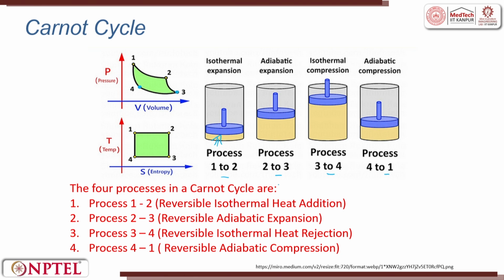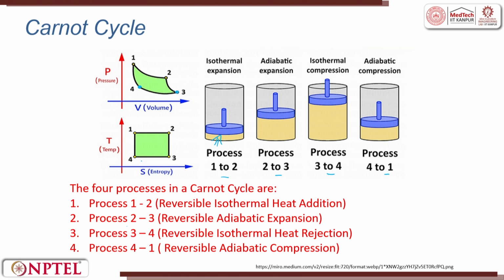The 4 processes in a Carnot cycle are: 1 to 2 is reversible isothermal heat addition; 2 to 3 is reversible adiabatic expansion; 3 to 4 is reversible isothermal heat rejection; and 4 to 1 is reversible adiabatic compression.